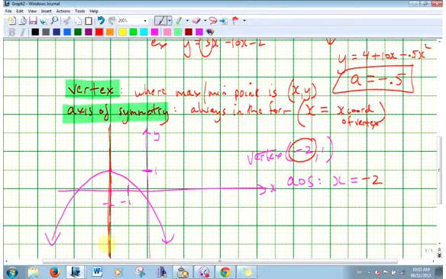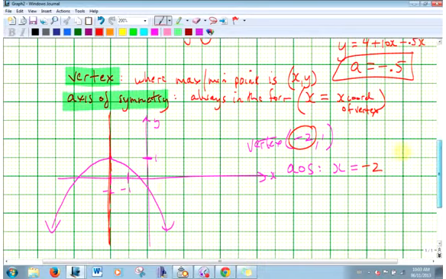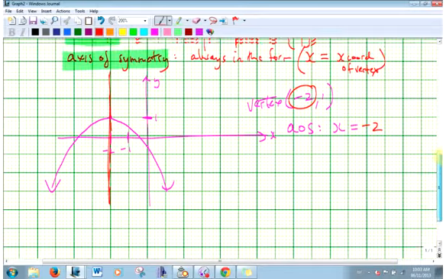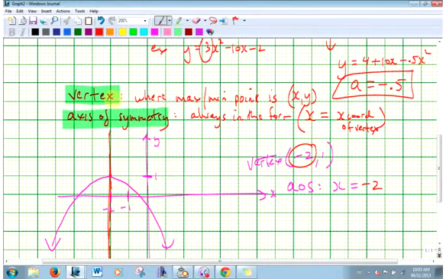This is the line x equals -2. Remember that from linear inequalities? Anytime it's x equals something, it's always a vertical line. We don't have to worry about horizontal lines, because our parabolas are always going to be opening up or opening down. We're not going to get one that looks like that. That's grade 12. So: vertex, axis of symmetry.